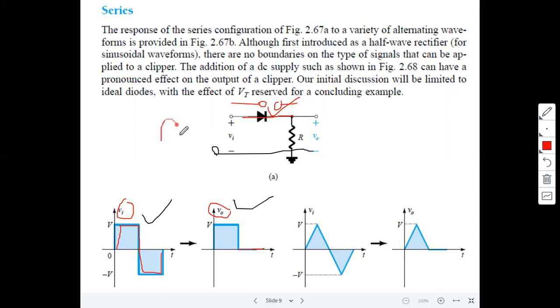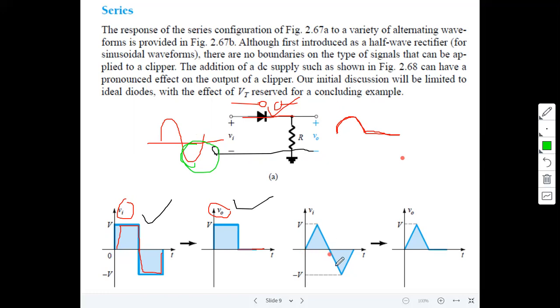Suppose here it is some sinusoidal signal. During the positive cycle, diode D1 is on and the output follows the input. During the negative cycle, the diode is off, so V0 is equal to 0. That means the entire negative portion of your input signal is clipped off.